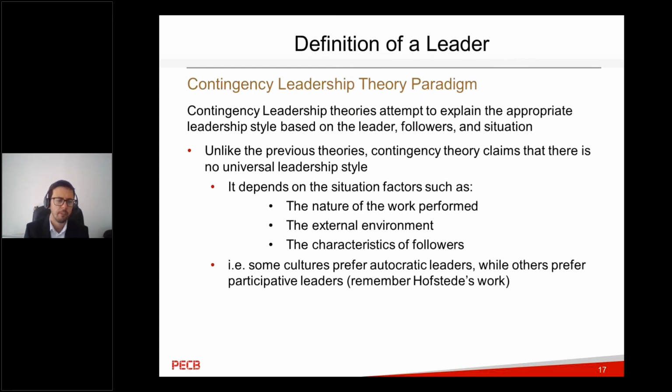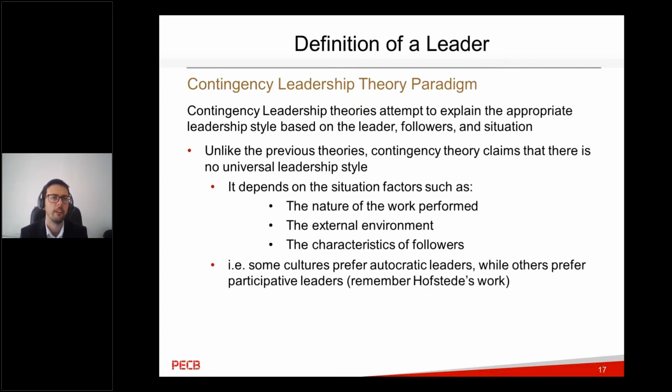So after it has become apparent that we cannot count on either of these theories to claim certain leadership traits, the paradigm has shifted towards something that we know as the contingency leadership theory paradigm.